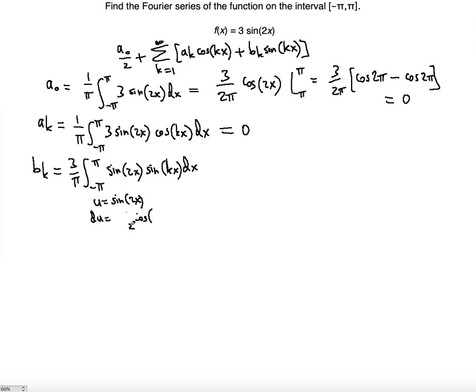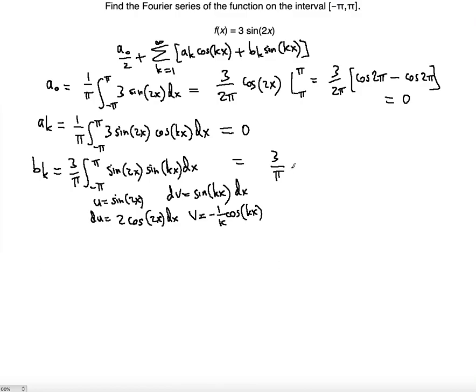We're taking the derivative, so this is going to be 2 cosine of 2x dx. That's correct. Now dv is going to be what? Sine of kx dx, and the v is going to be negative 1 over k, because there was a k inside, cosine of kx.